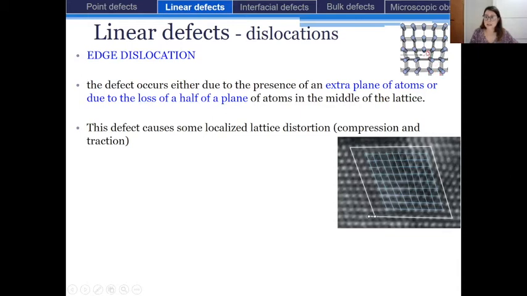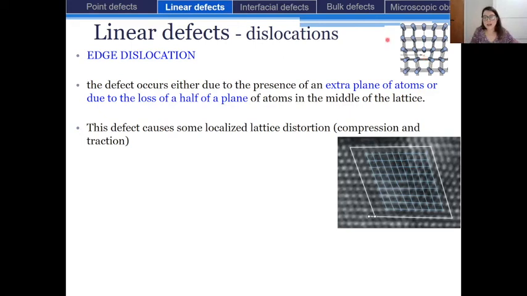And it seems that there is an extra plane of atoms right here. But we could also say that there is a loss of a half plane of atoms in the middle of the lattice. So we have an extra half plane of atoms or a loss of a half plane of atoms.